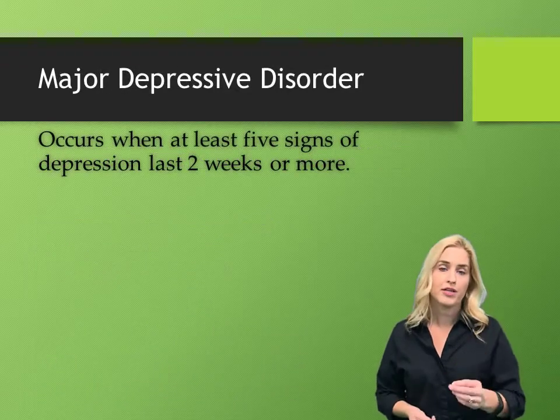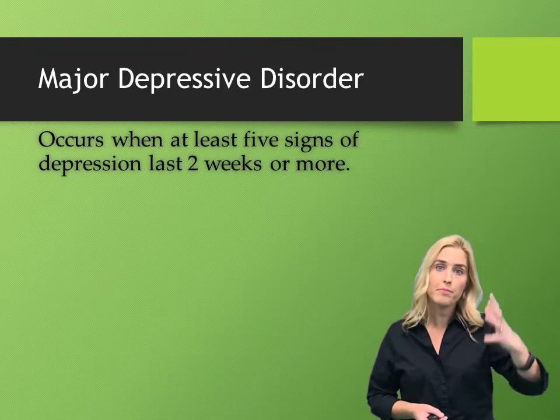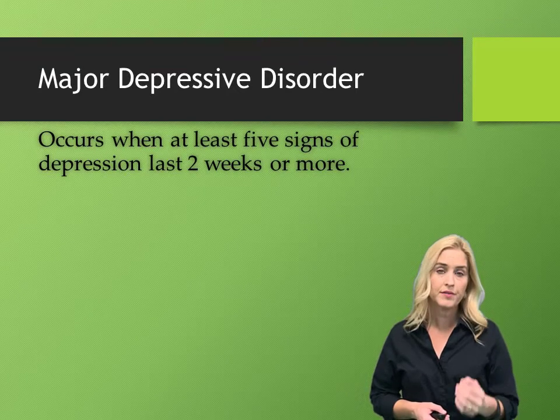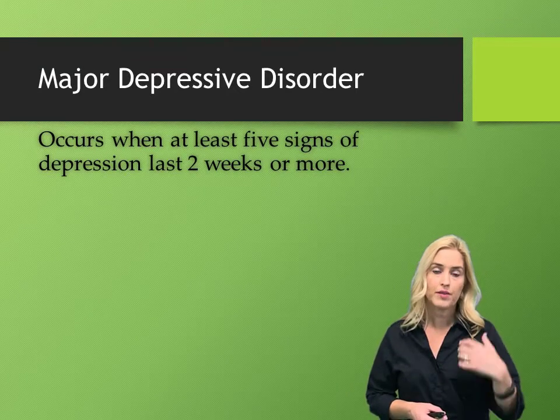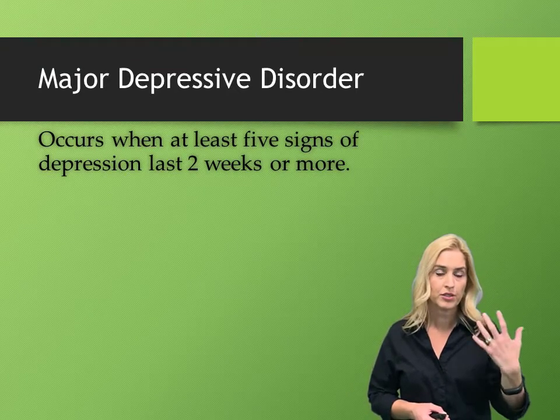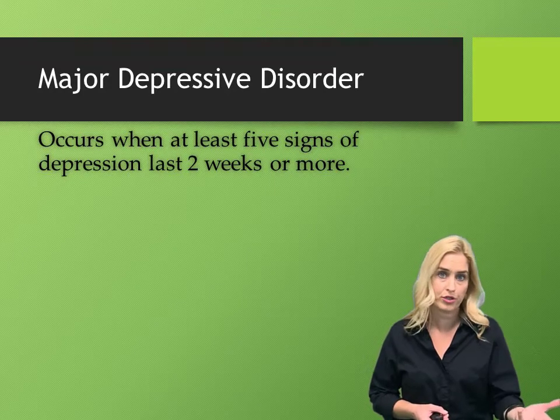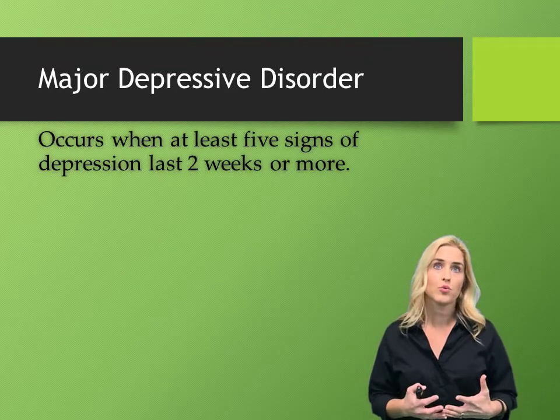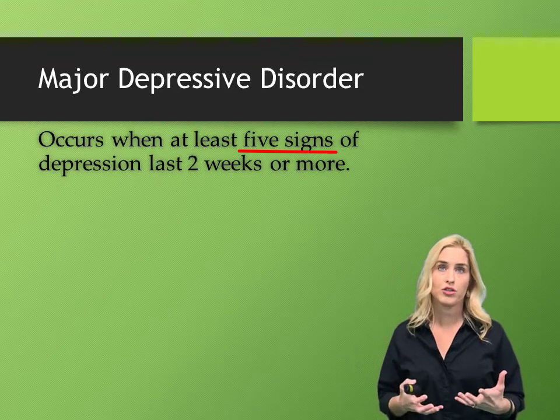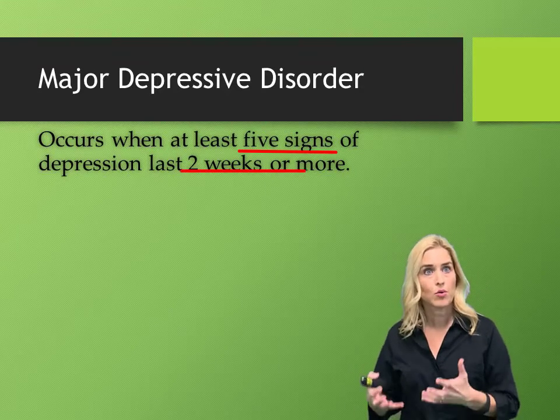So with major depressive disorder, this is one of the many depressive disorders that are in the DSM-5. This is the one that we most commonly think of when we hear someone might be experiencing major depression. This occurs when at least 5 signs of depression last at least 2 weeks or more.